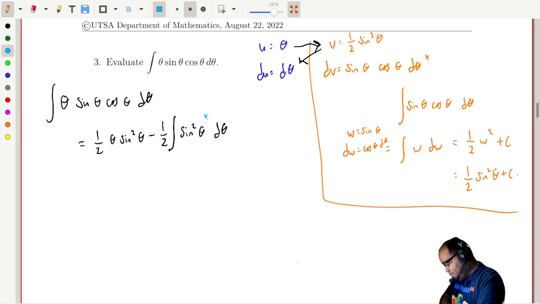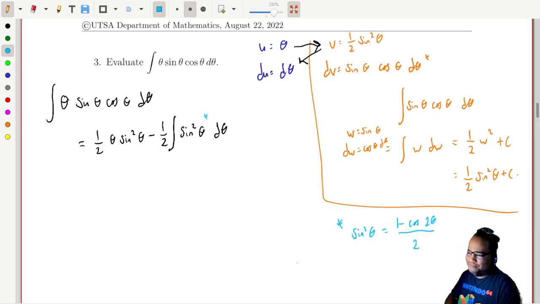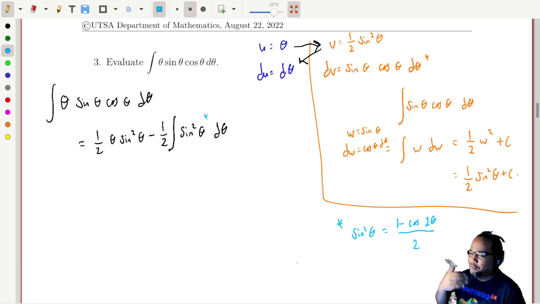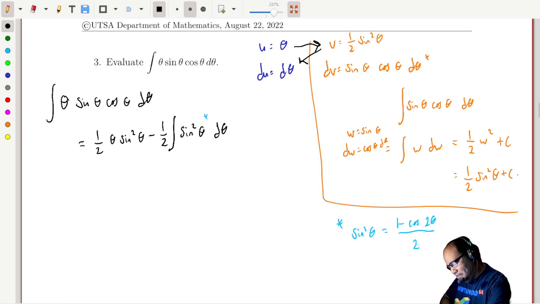We can use the fact that sine squared of theta can be rewritten as 1 minus cosine 2 theta over 2. This is a formula that we'll need from time to time. It shows up a lot. Let's go ahead and finish this out here.